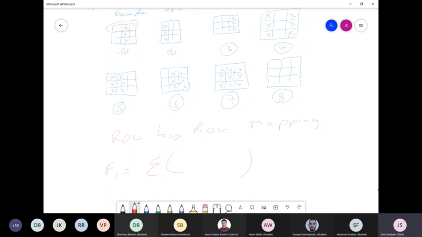For the first one, we have location 2, 0, 1, 0. For the second training pattern, we have 4. For the third training pattern, we have 1. For the fourth training pattern, we have 5. For the fifth training pattern, we have 6. Then 3. Then 7. Then 0.